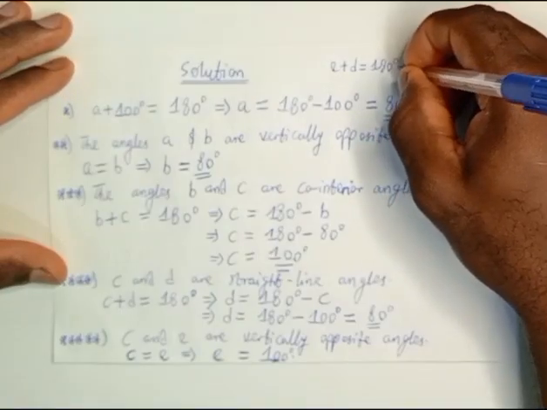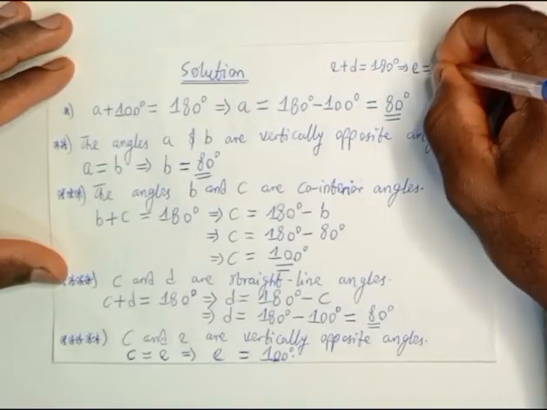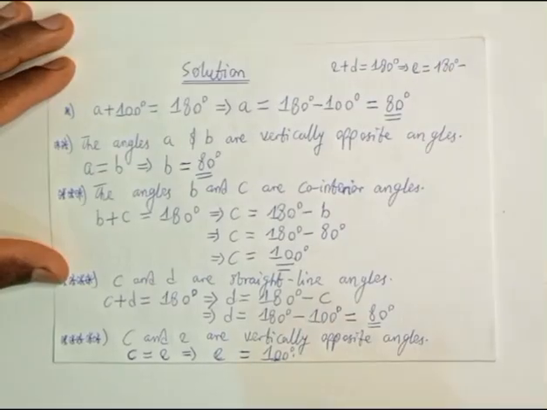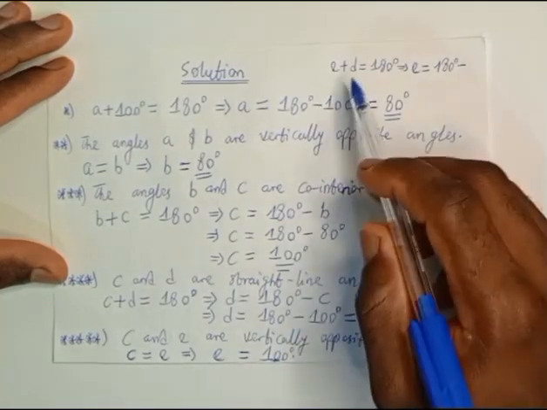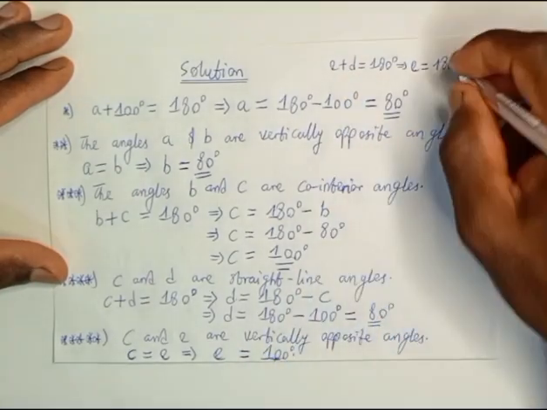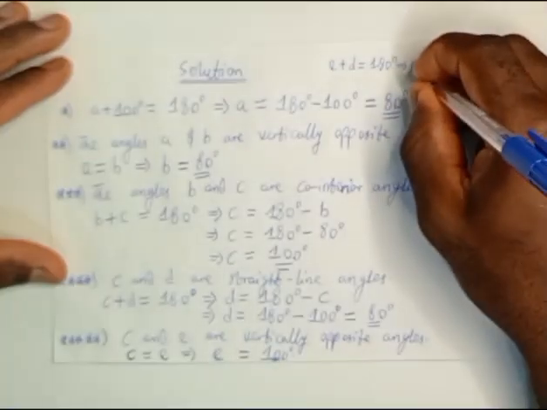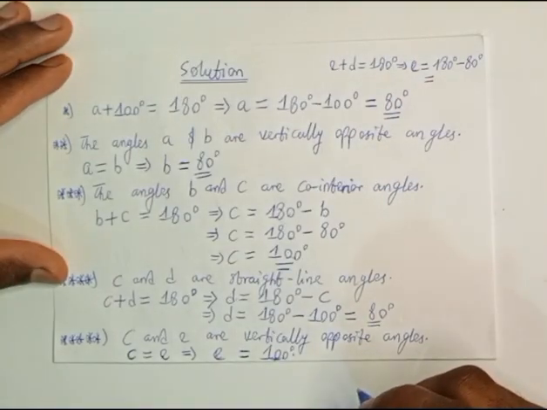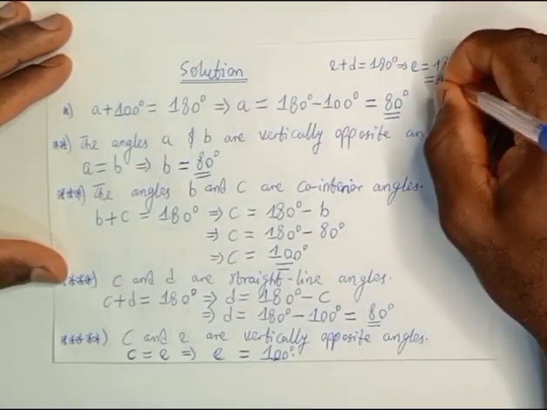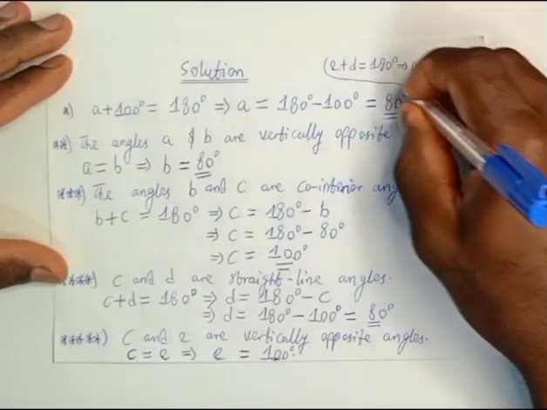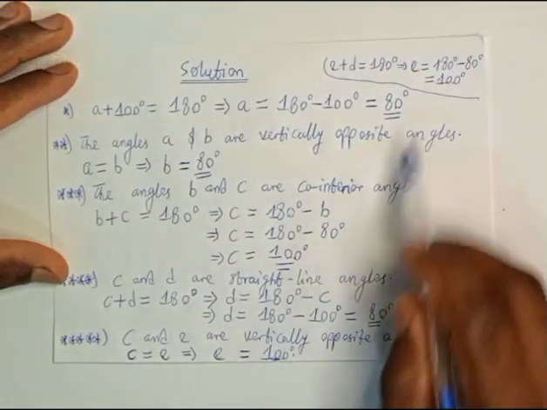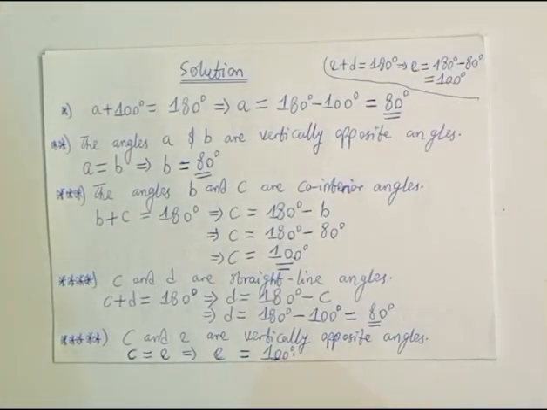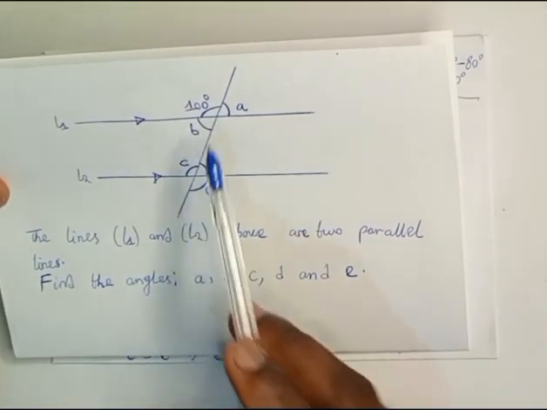Then the angle E will be equal to 180 degrees minus the angle D, and the angle D is 80 degrees. 180 degrees minus 80 degrees gives us 100 degrees, the same result. But this is another approach of getting the result. We are done with the solution.